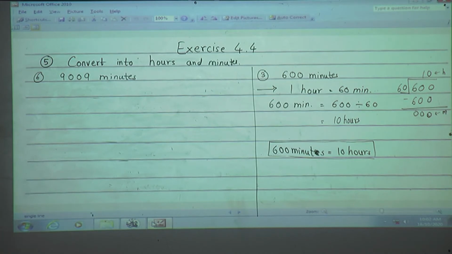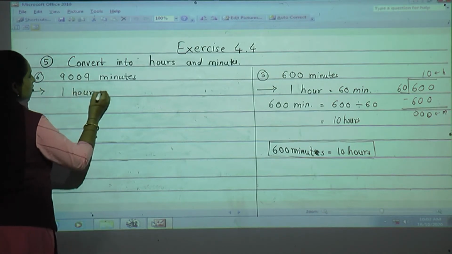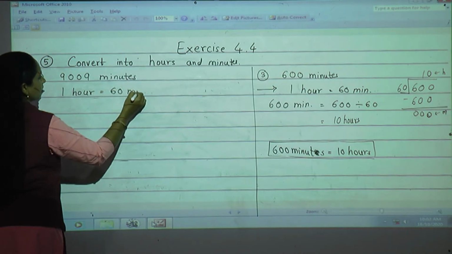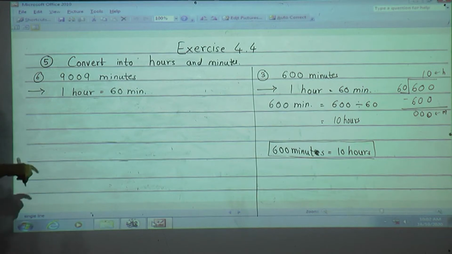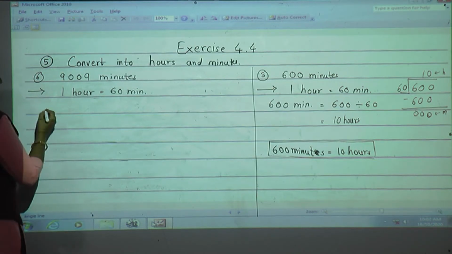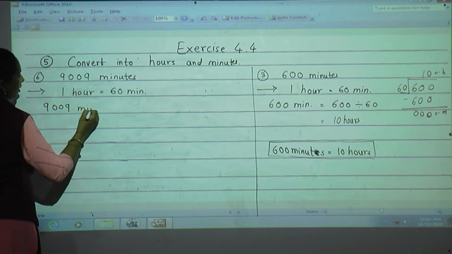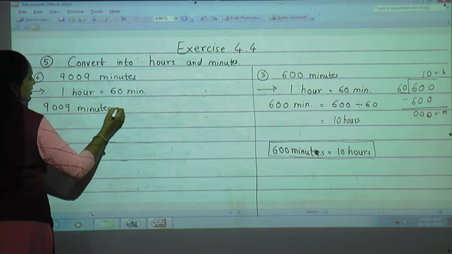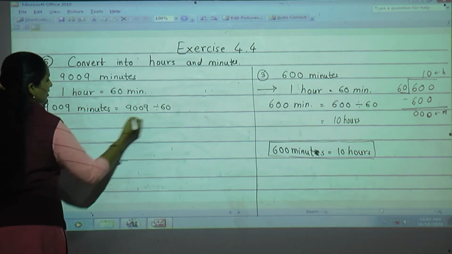Now you know that 1 hour is equal to 60 minutes. Now when you want to convert minutes into hours, we have to divide by 60. So 9009 minutes is equal to 9009 divided by 60.